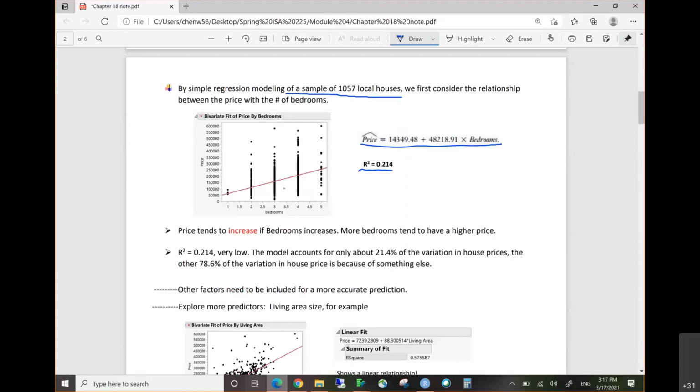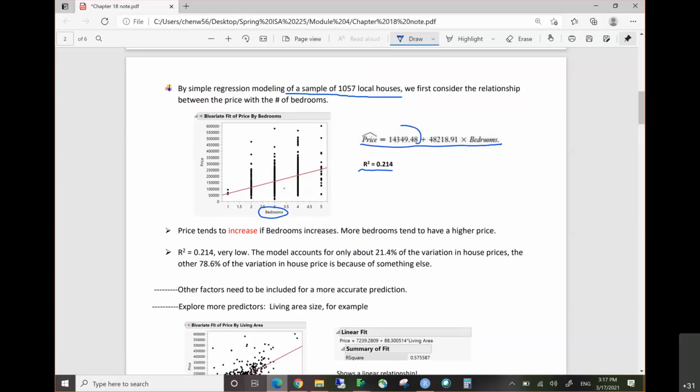That means only 21.4% of the variation in the house price can be explained by the number of bedrooms. So that means maybe the number of bedrooms is not enough to make an accurate prediction for the house price, right?